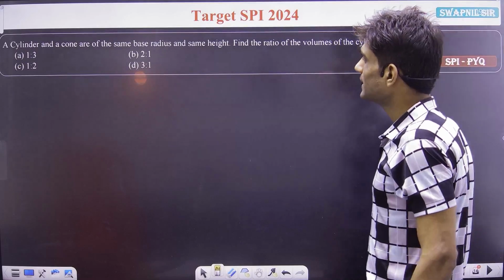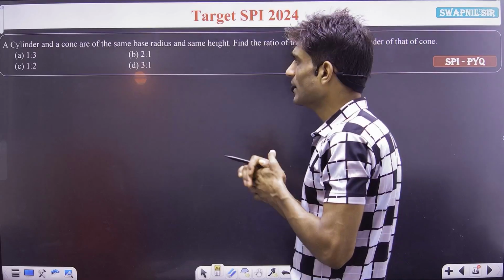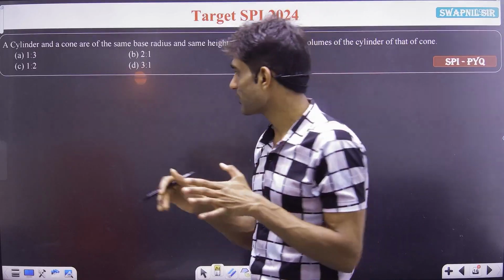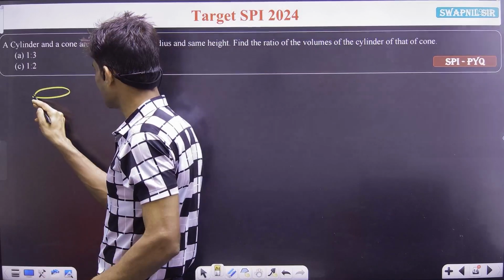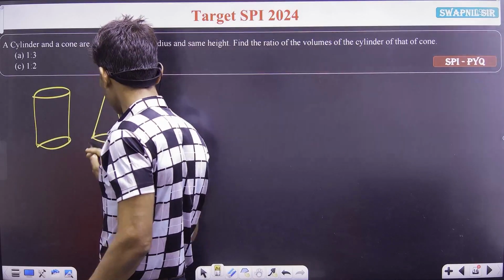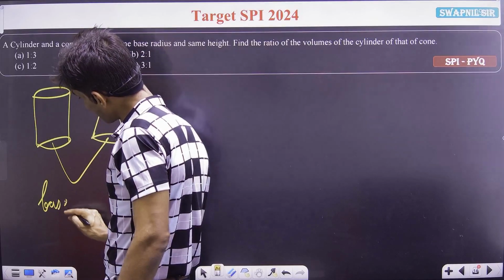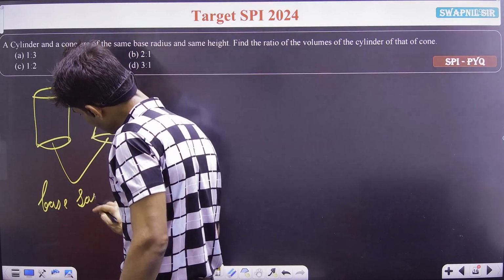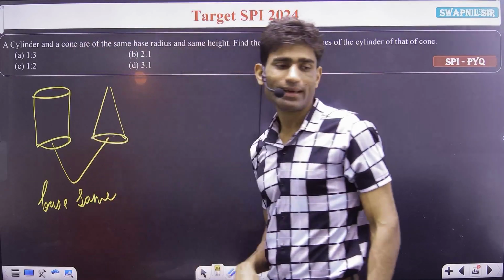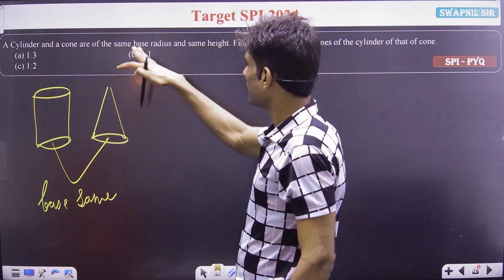Now a cylinder and a cone have the same base. Here this one is the cylinder, and this one is the cone. Both have the same base radius.